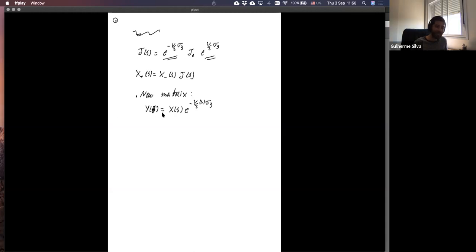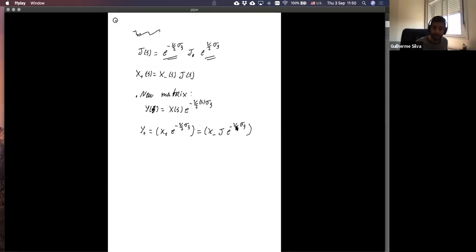Then you can compute the jump of Y. What's the jump of Y? Y plus is essentially X plus times e^{-V/2 σ3}. What's X plus? It's just X minus times J of S times e^{-V/2 σ3}.